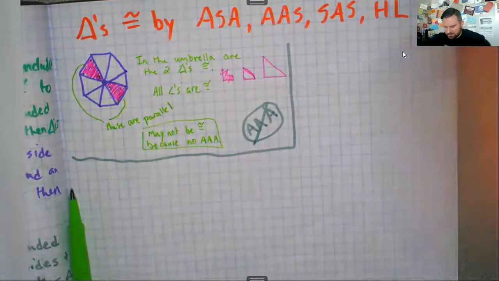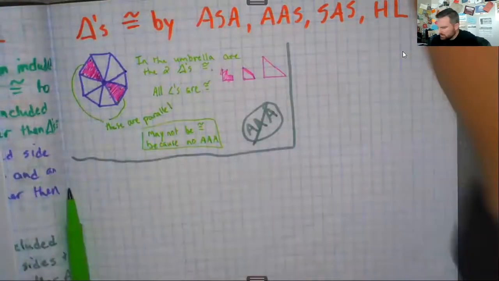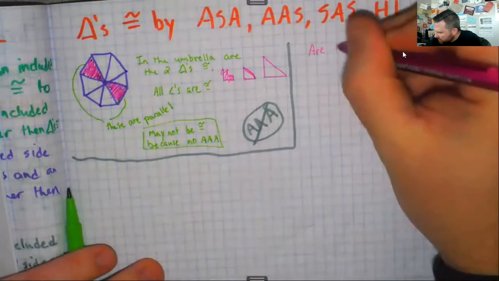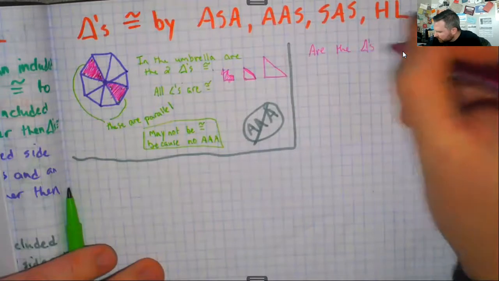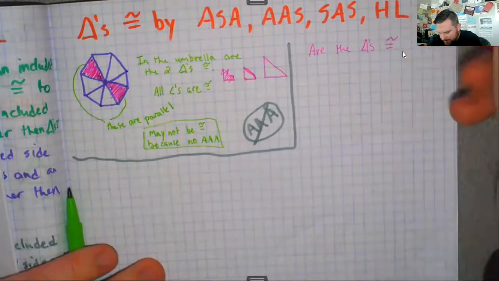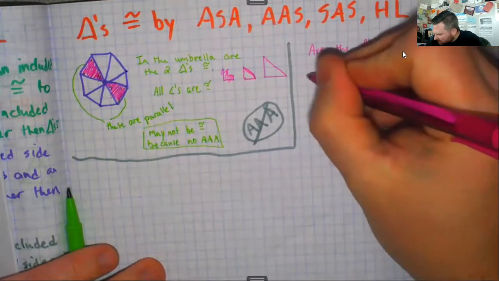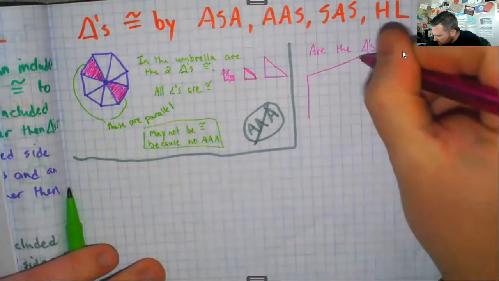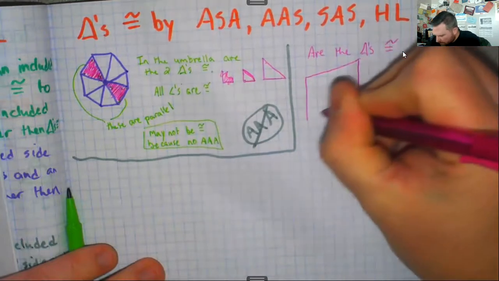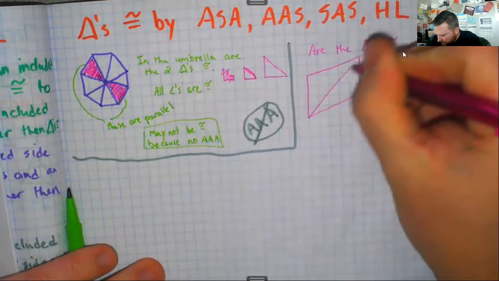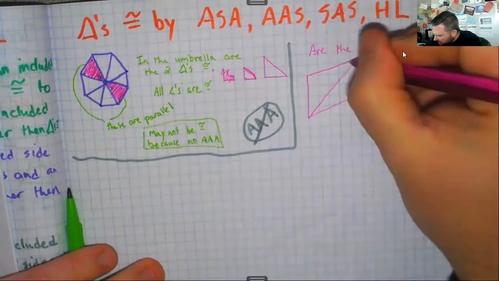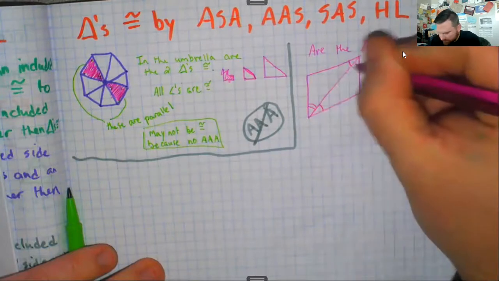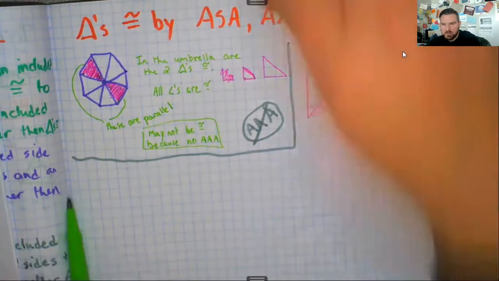All right, the next example we have says, are the triangles congruent? Okay, and it gives us this picture here. We have this angle is congruent to that one, and this one, and this one. Okay, so that's all they give us.